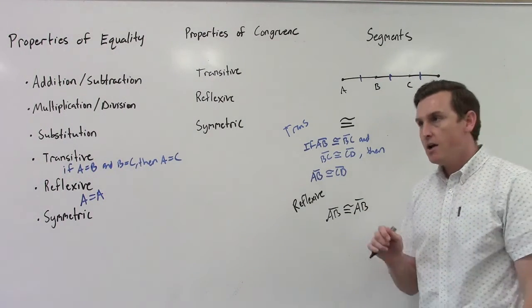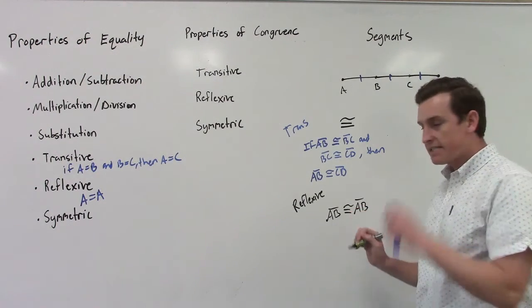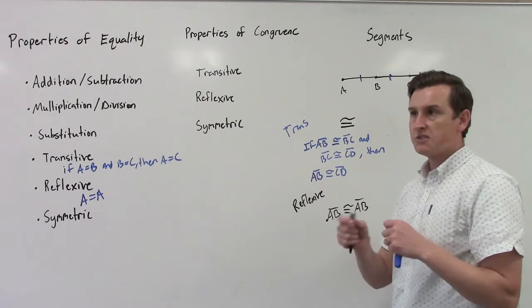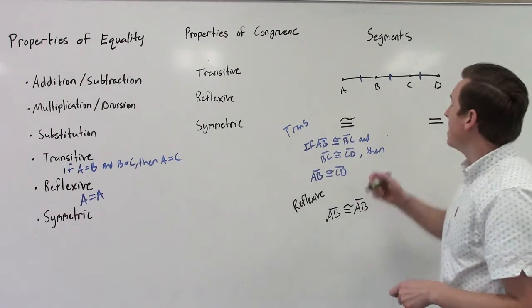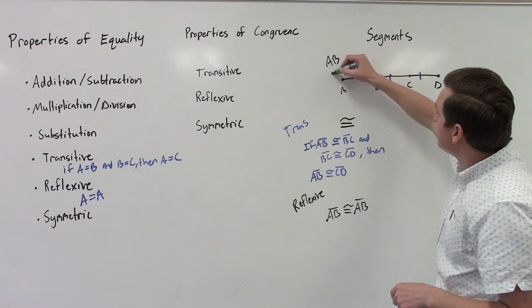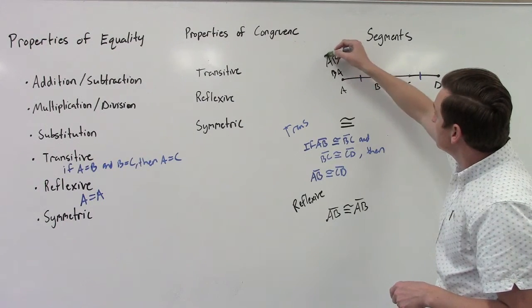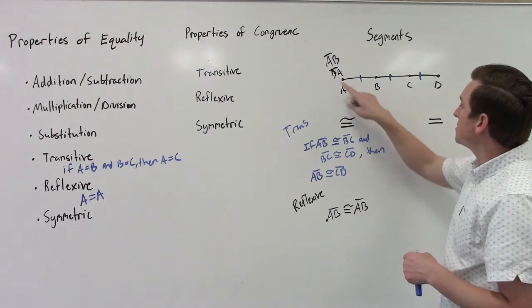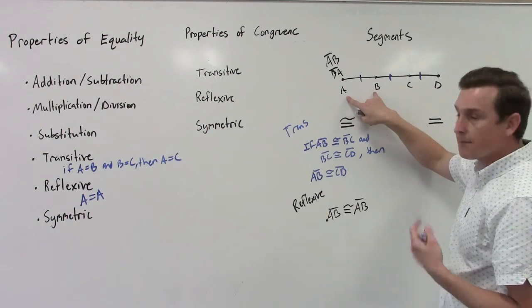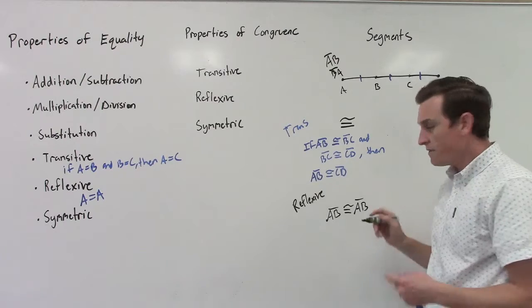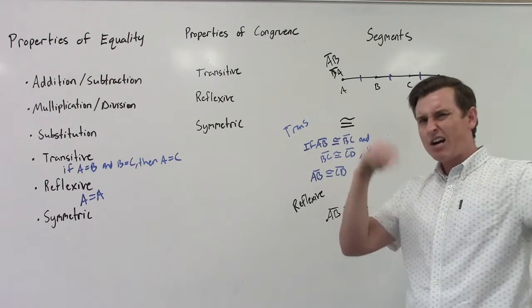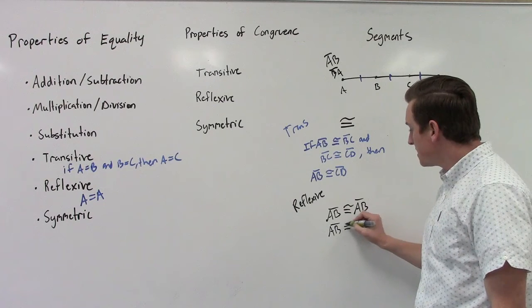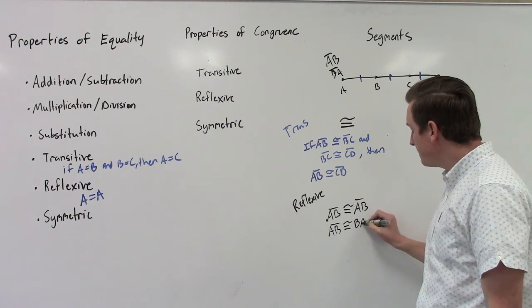We can also do something really similar, but just change the order. Now this isn't a property of congruence, this is just how we write segments. AB and BA are the same segment. Those are equivalent. It doesn't matter where I start and stop because we have endpoints here. One of the things I can do, and we're going to use this later in proofs, is say AB is congruent to BA.